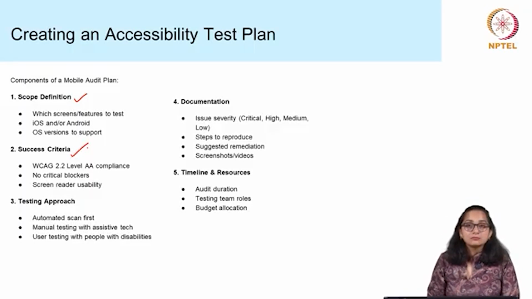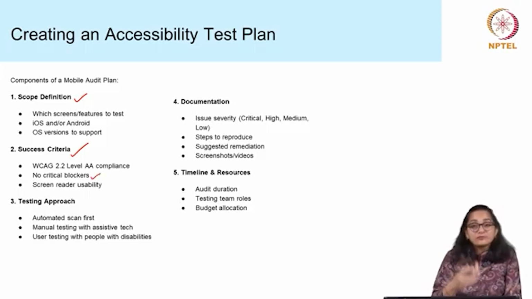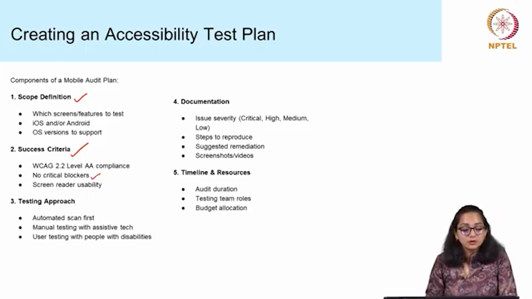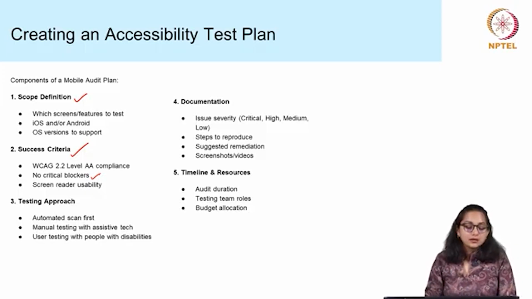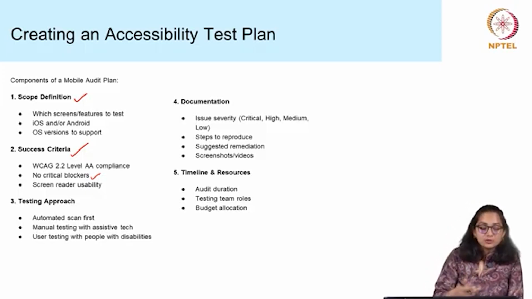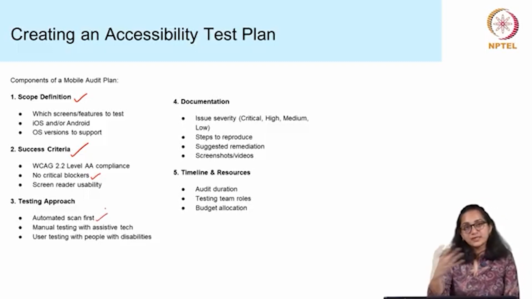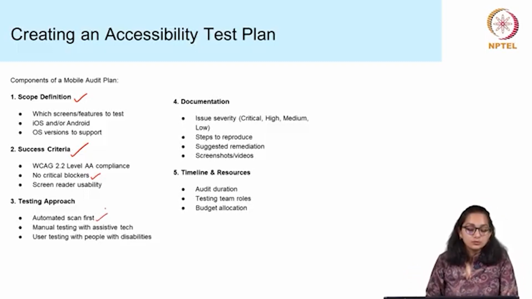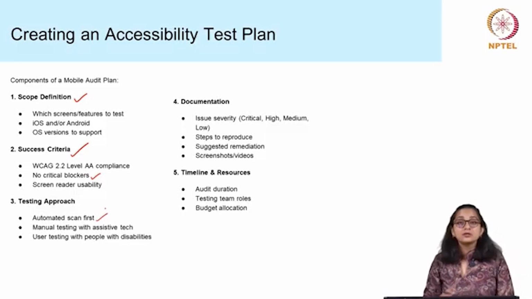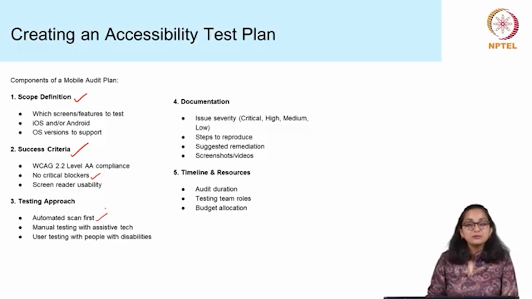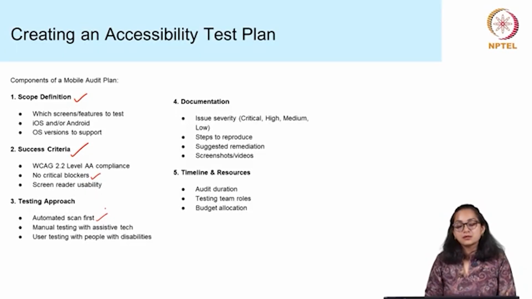Then what success criteria are we talking about? Are we seeking level AA compliance for WCAG 2.2? Then you have to ensure that there are no critical blockers and that there is screen reader usability. The testing approach can be that you do the automated scan first with automated tools, then manual testing with assistive technology, then user testing with people with disabilities.